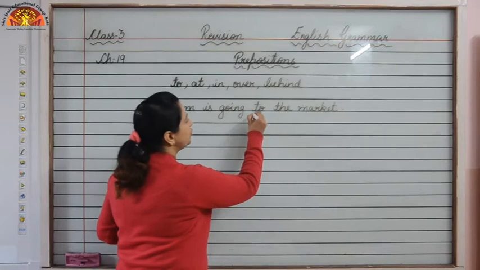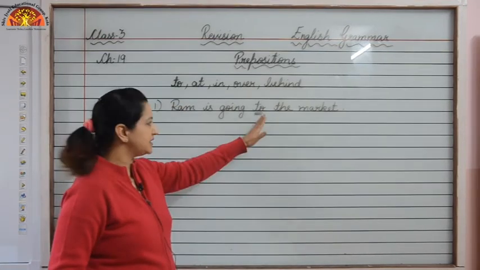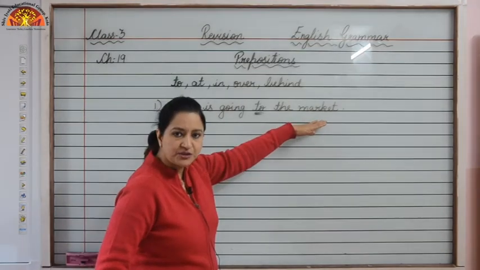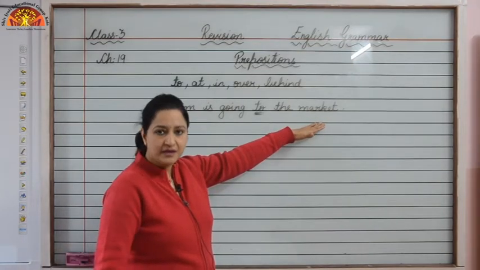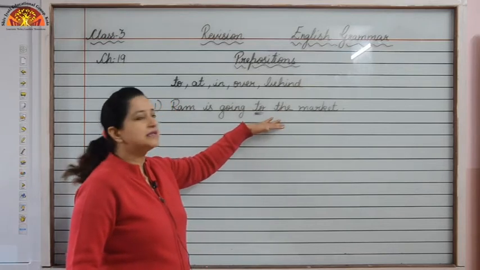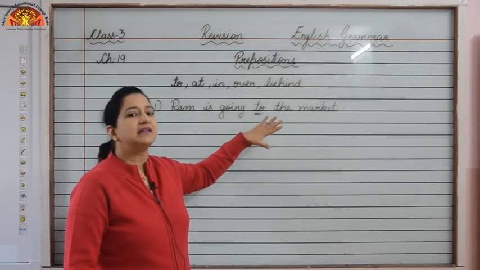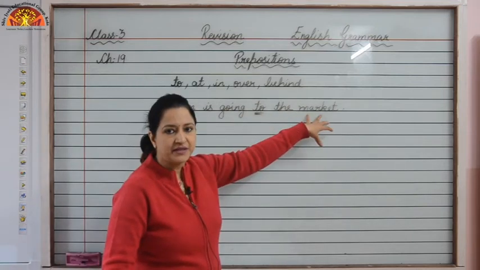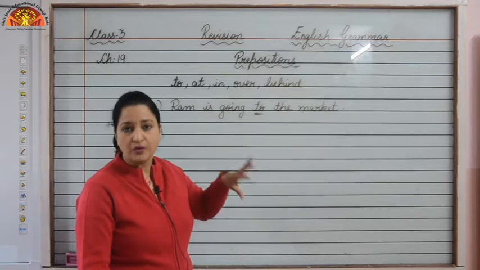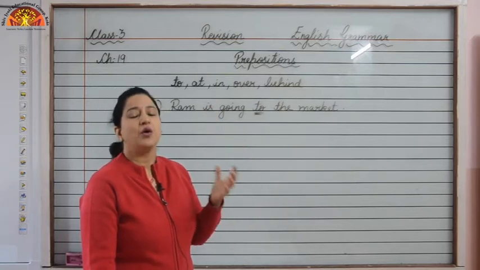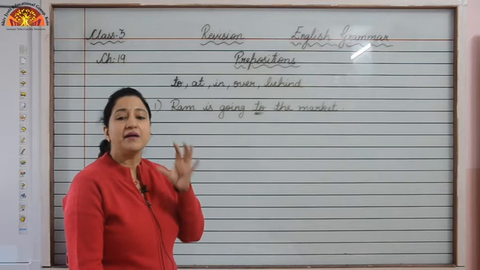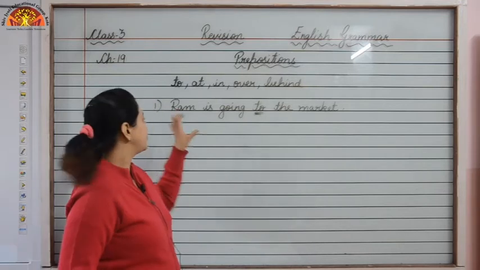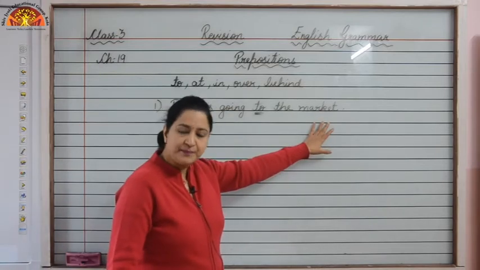So here "to" is a preposition because it is showing the relationship between the noun and the rest of the sentence. If there is no preposition, the sentence will look like "Ram is going the market." This is the wrong way of writing sentences. So prepositions are a must in the sentence, because they show the relationship between the noun and the rest of the sentence.